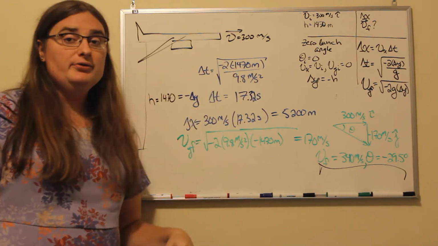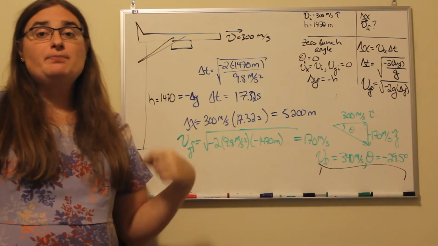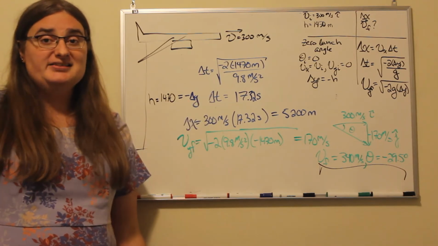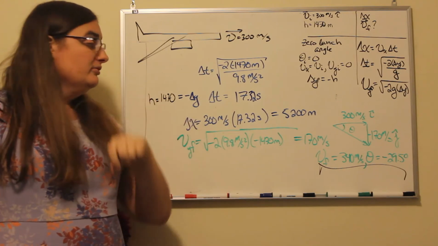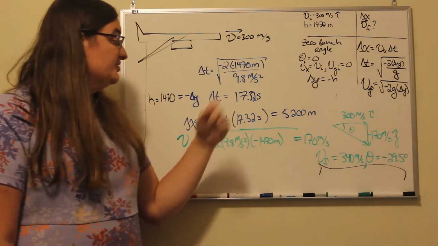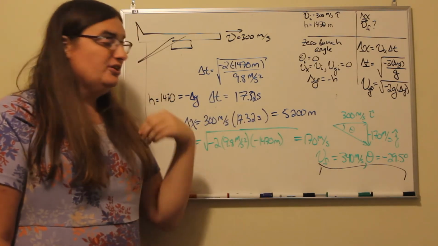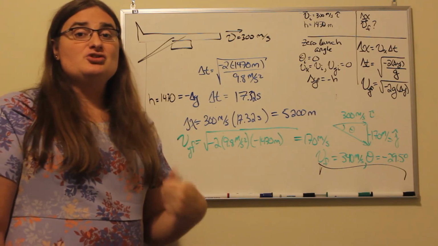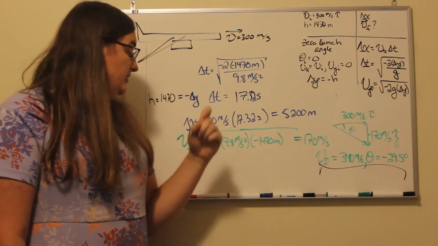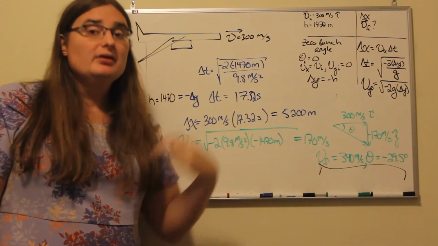I take the square root of that, and the time of the fall is going to be 17.32 seconds. So now, my distance would be 300 meters per second times 17.32 seconds, which to 2 digits is going to round to 5,200 meters.